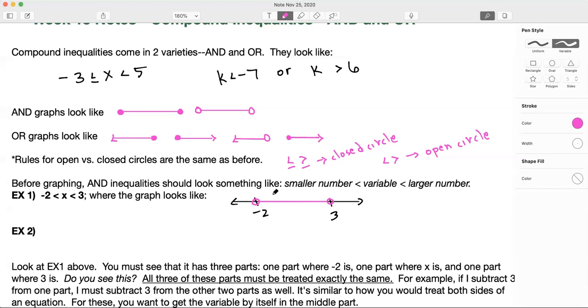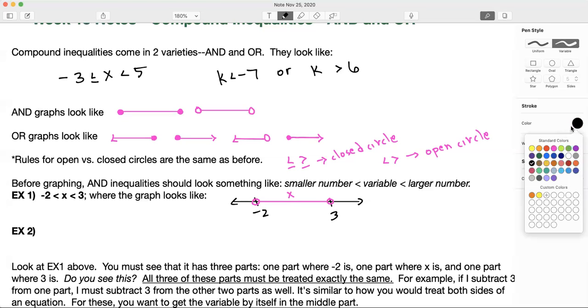And this distance right here represents what x is. So this is the algebraic form of it, meaning just the equation or the inequality, and then this is the graph of that inequality. Let's look at another example.